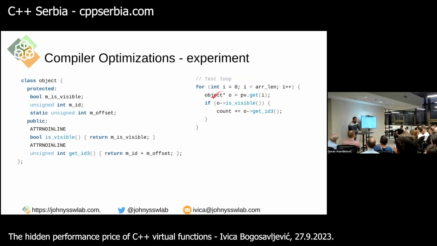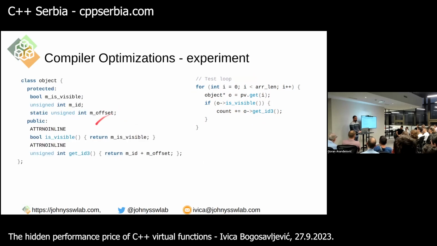Inside the loop, I check if the object is visible, which is a call here, then I do count plus equals getId3. And getId3 is m_id plus m_offset. So m_id is some ID here, and m_offset is a static member, so it's the same for all the types. It doesn't change value depending on the type.